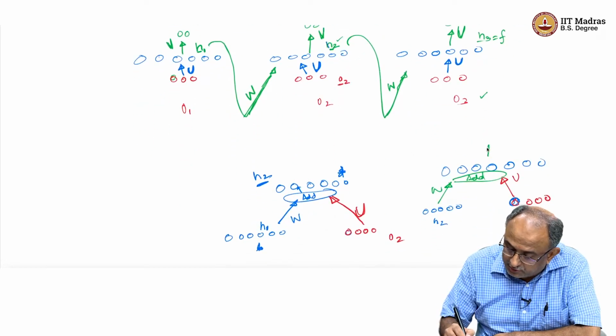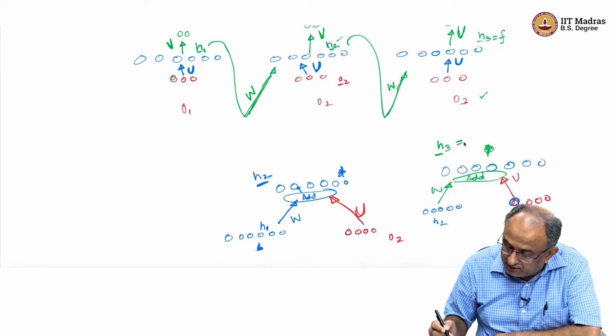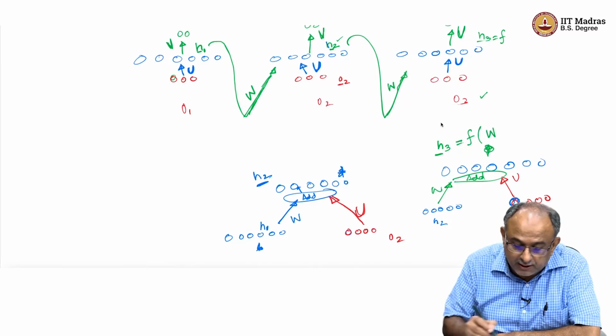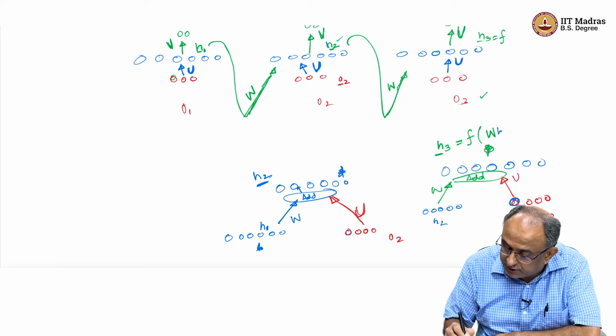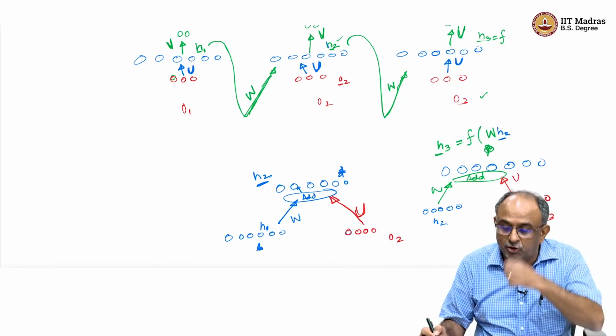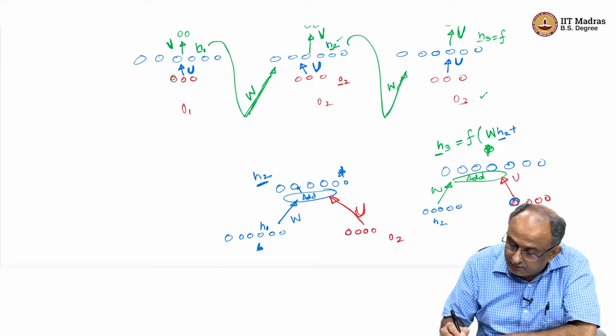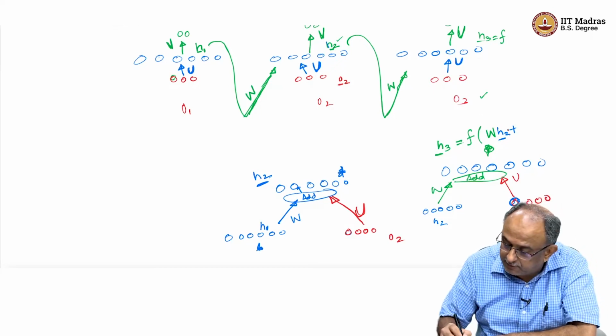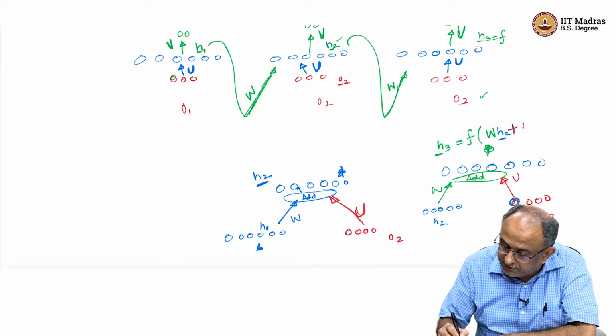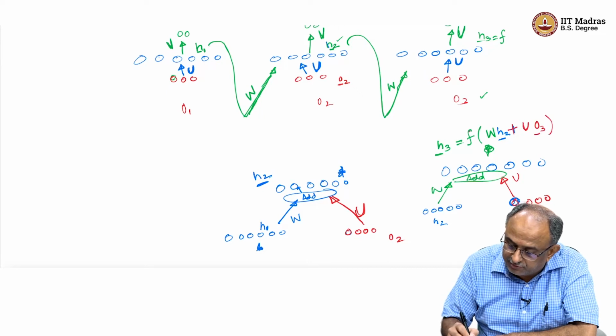First I am going to do a linear combination, which is the W matrix multiplied by the previous hidden node vector H2, plus the U matrix applying on the O3 vector, the sum of these two, then I apply a non-linearity.